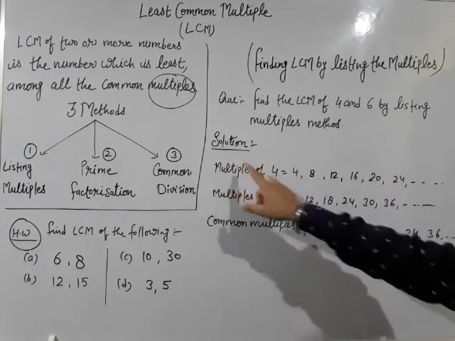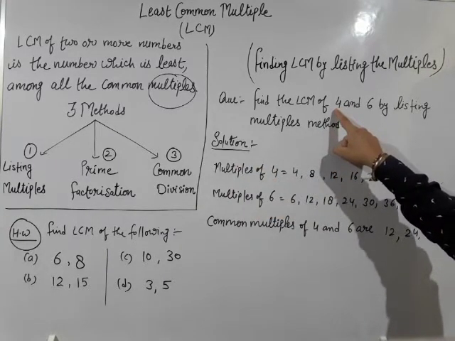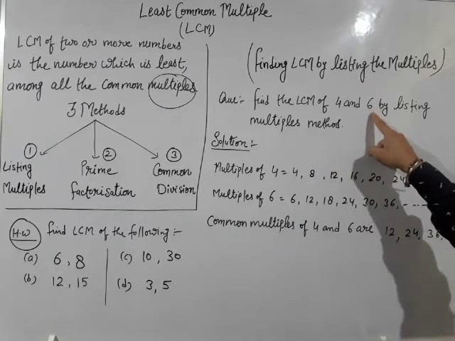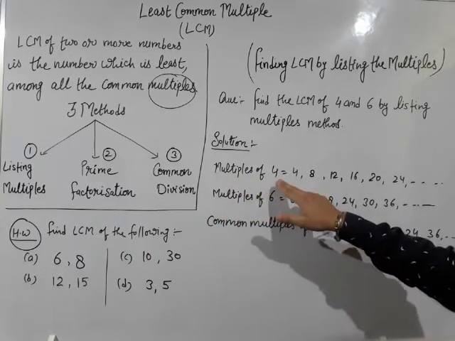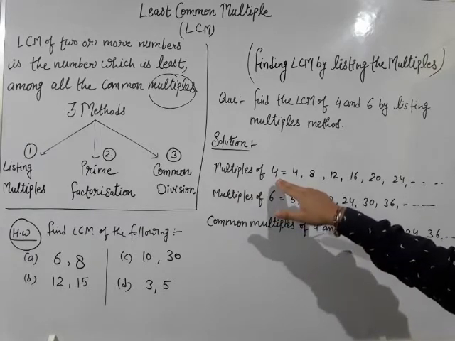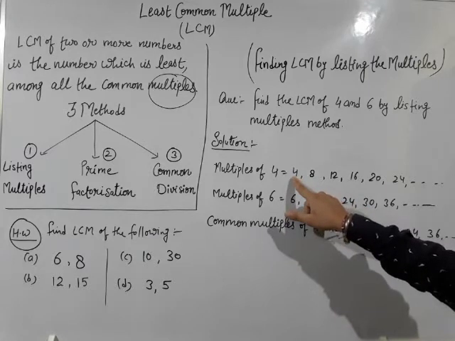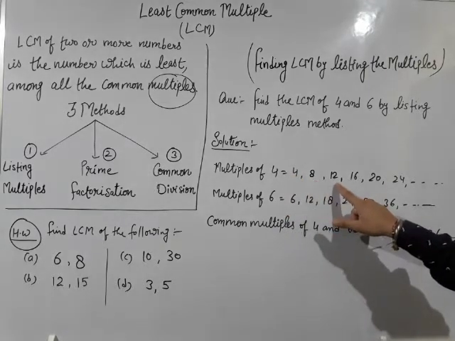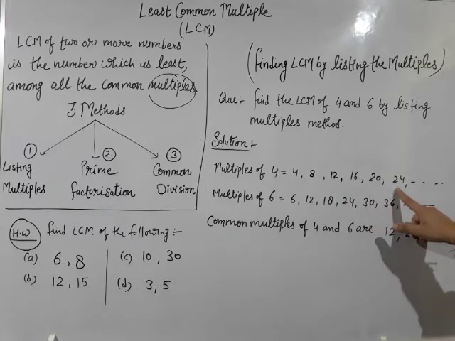Its solution. First of all, we need to find the multiples of 4 and multiples of 6. By writing multiples of 4, we understand that we have to write the table of 4. 4 ones are 4, 4 twos are 8, 4 threes are 12, 4 fours are 16, 4 fives are 20, 4 sixes are 24.